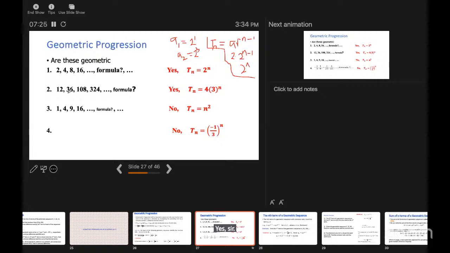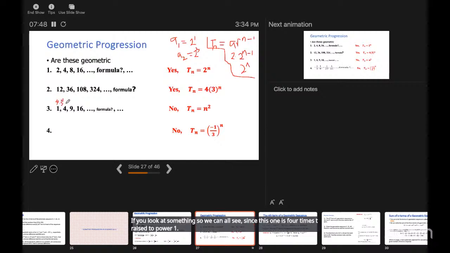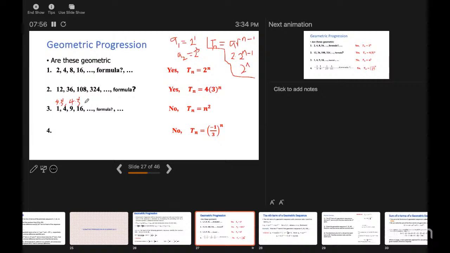You can see 36 is 4 times 9, which is 4 times 3 raised to power 2. 108 is going to be 4 times 27. And I think this one also should be like that, if you look at it by observation. So we can now see, since this one is 4 times 3 raised to power 1, and the second term is 4 times 3 raised to power 2, and the third term is 4 times 3 raised to power 3, and so on and so forth.